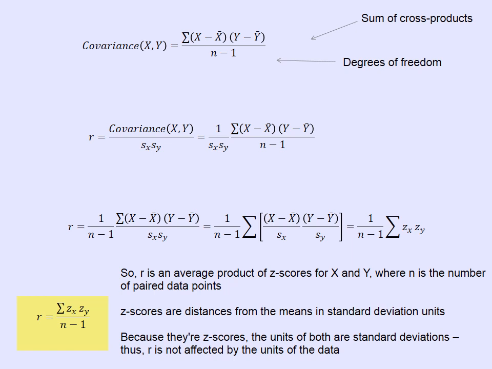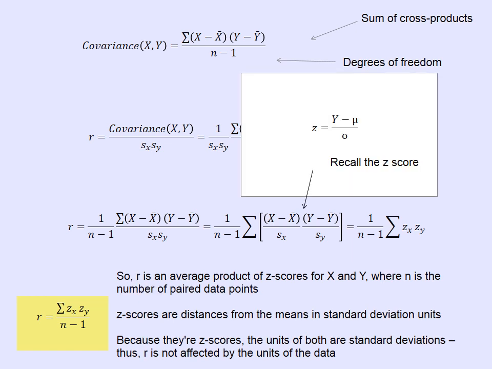Okay, we can now plug that covariance calculation into our R calculation we saw previously, and with some rearrangement, we can see how we have 1 over the standard deviation of X times standard deviation of Y equals the sum of those deviates, cross products, over degrees of freedom. Algebraically moving things around, we come to our third line, especially in the middle there. Now, this should look a little familiar as well.